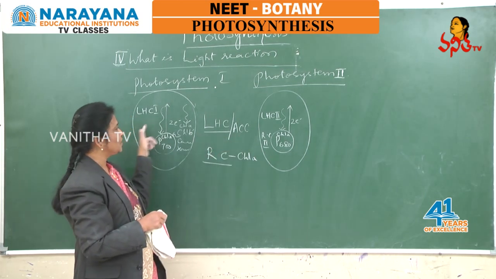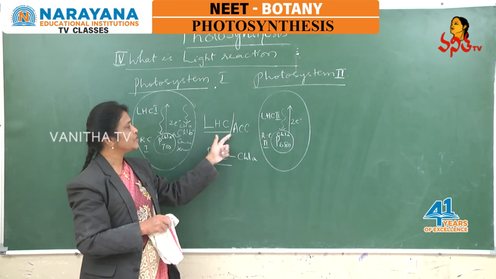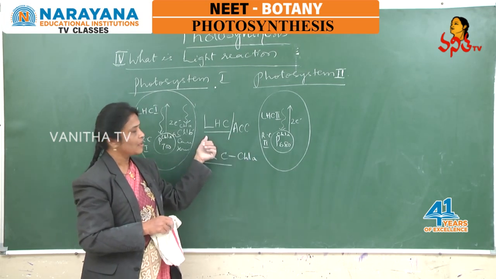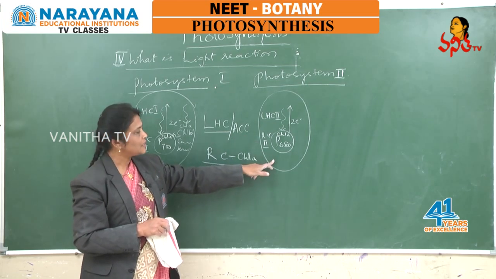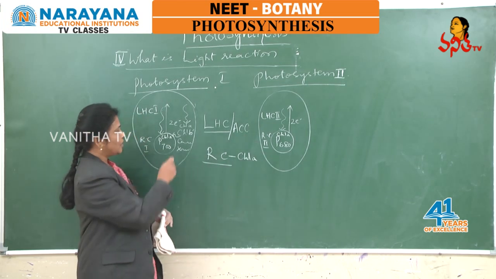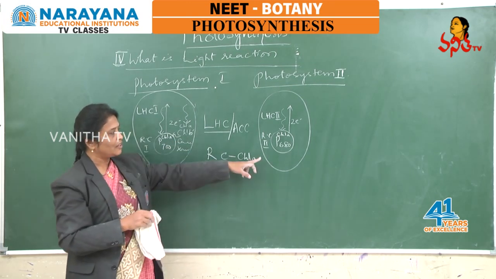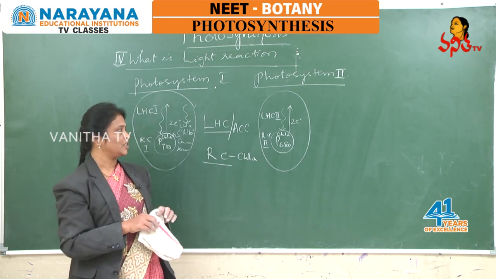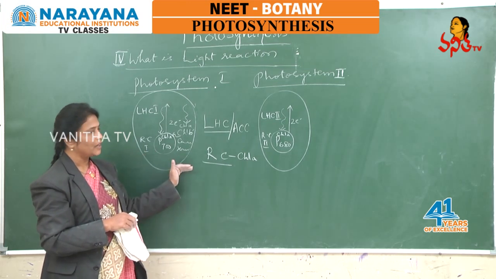And here LHC1 and LHC2 contain the necessary pigments which act like antennae molecules. So, this particular space is called light harvesting complex or antennae chlorophyll complex, where the necessary pigments are involved. And they not only shift the solar energy, they also cover the reaction center and protect it from photooxidation or photobleaching. Okay? That is about the photosystems and how they are involved in light phase.